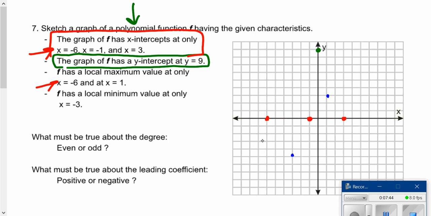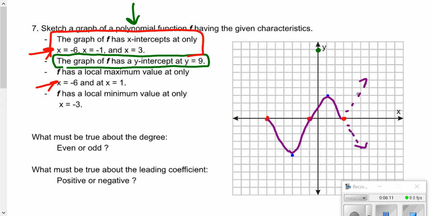I was worried. Okay, so it says that the only x-intercepts are these red dots, so that's the only places I can touch the x-axis. So I could come through there, and then go to here, and then here, and then here, and then here, and then I could turn around here, or I could go down.